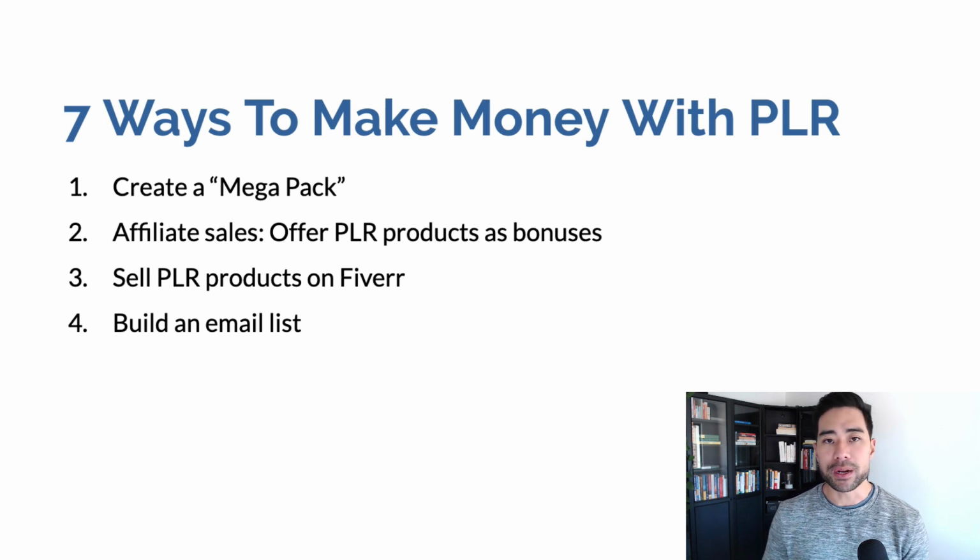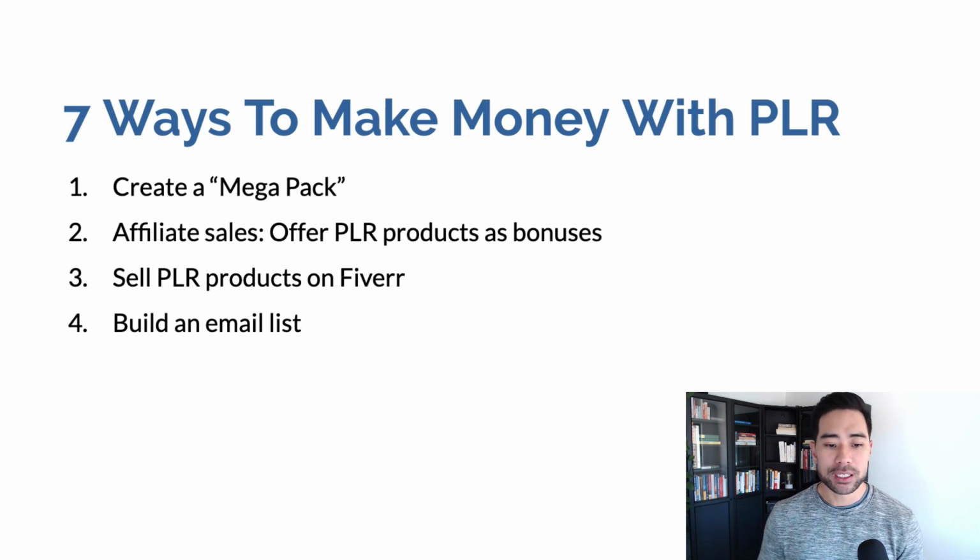But you're able to build an email list by offering a PLR product. So if you don't have anything to give away, like a lead magnet or some other incentive, then use one of the PLR products that you have already on your hard drive, and that will be basically your main lead magnet for people to subscribe to.